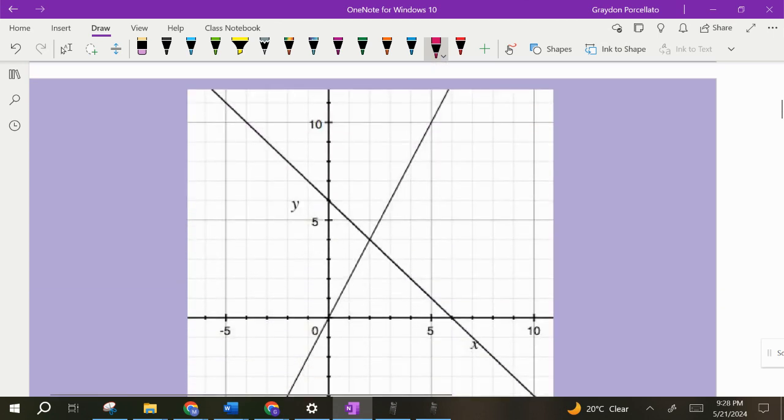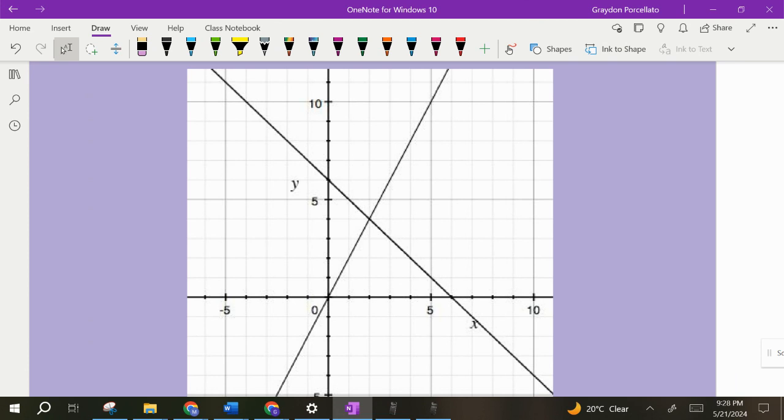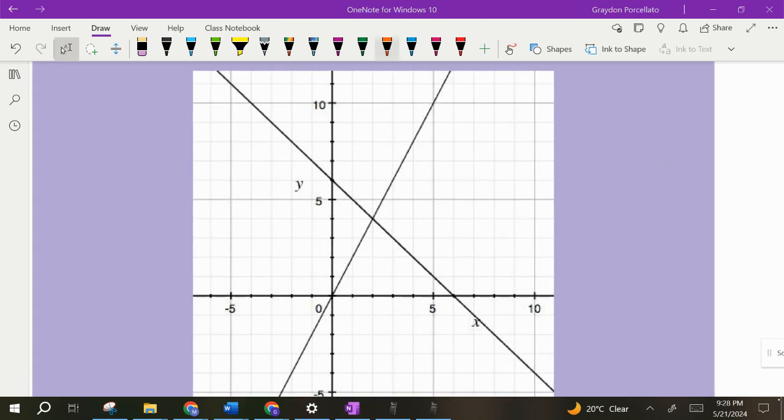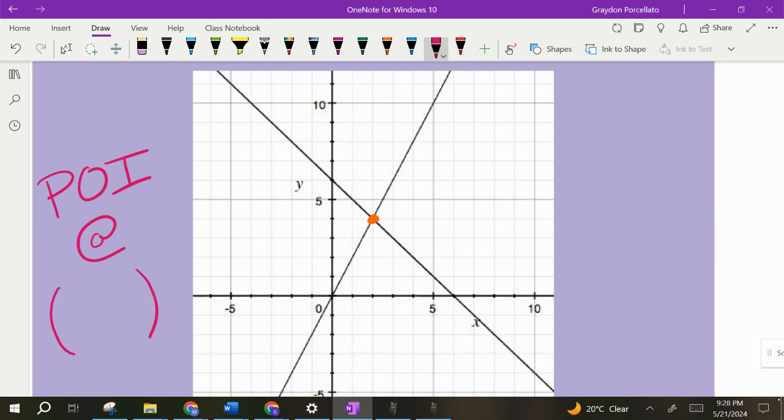Do these lines intersect? Yes, they do. They have a point of intersection right here. And when we refer to point of intersection in math, we call it a POI. And what we generally say is there's a POI at, and then we write the coordinate.